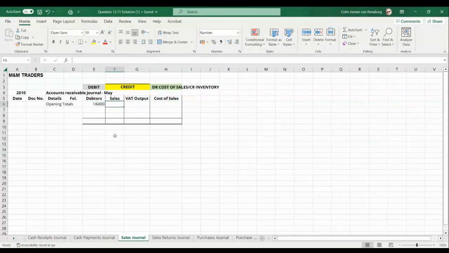Right, so for accounts receivable or debtors, it's 18,400. For VAT output, it's 2,400. For sales, it is 16,000.